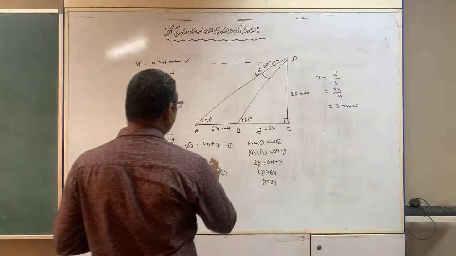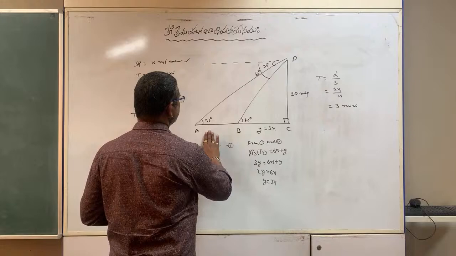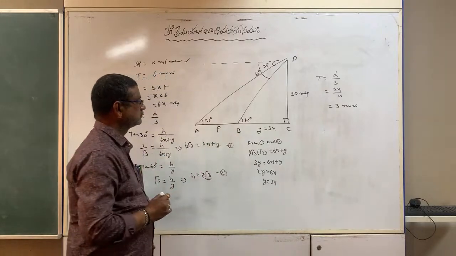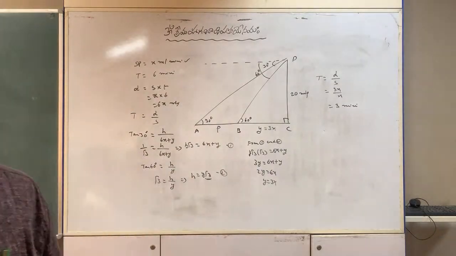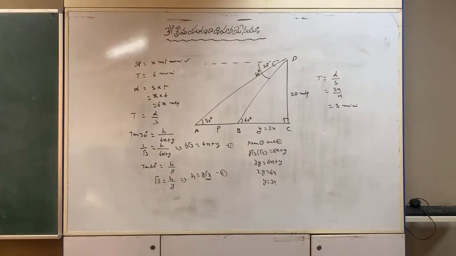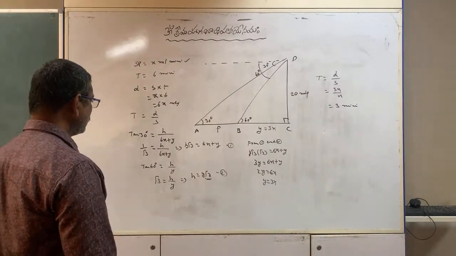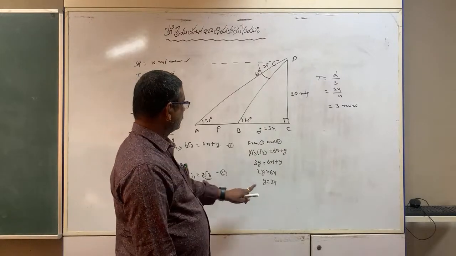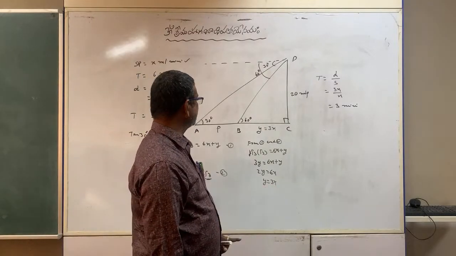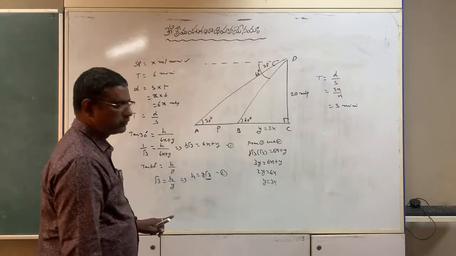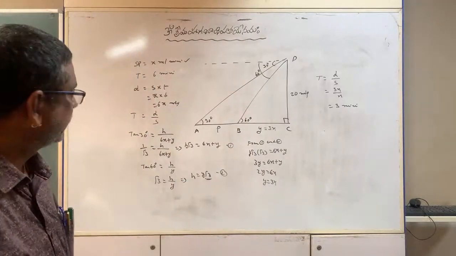He is asking to find this one, A. Let it be P. In the second question, he is asking to find the P value, meaning the distance between A and B. So then it will be 3x minus P, the distance between A and B. We got y is equal to 3x, right? See.